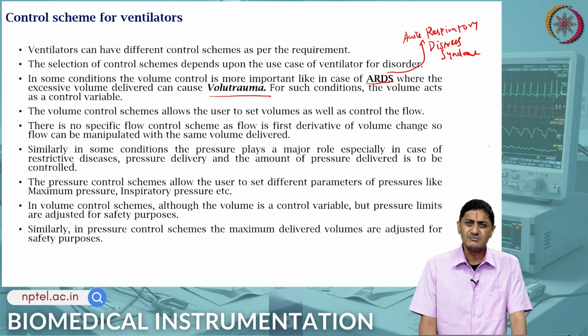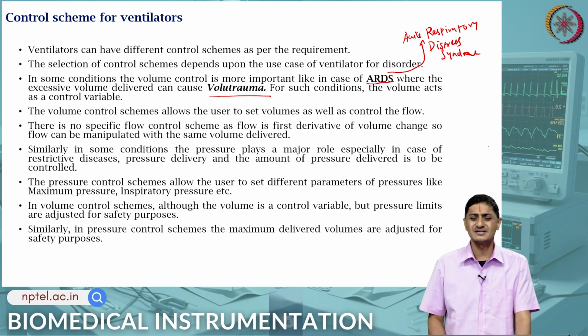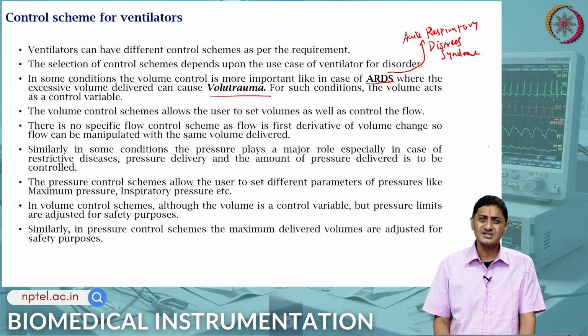Because of the excess volume of oxygen that is pumped in, there is a distension that happens at the alveolar end, which can cause mechanical wear and tear at the cellular level. It can cause mechanical damage, which is a dangerous situation, because that is essentially irreversible.